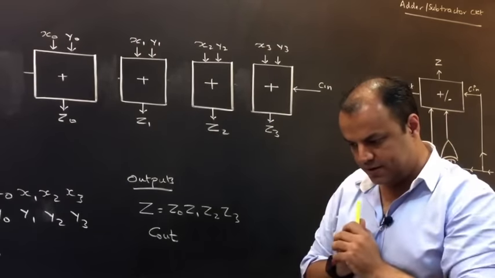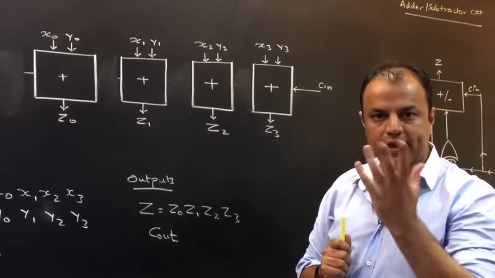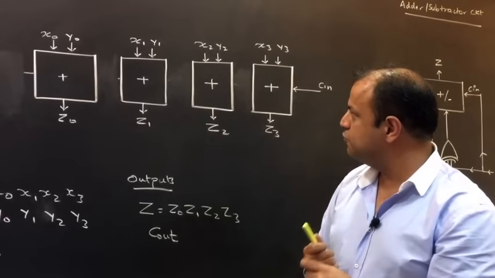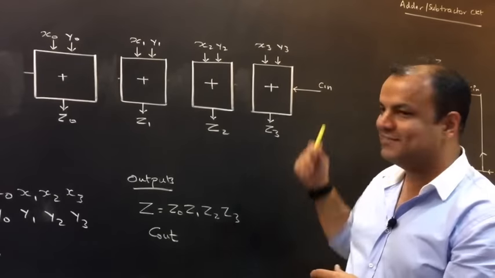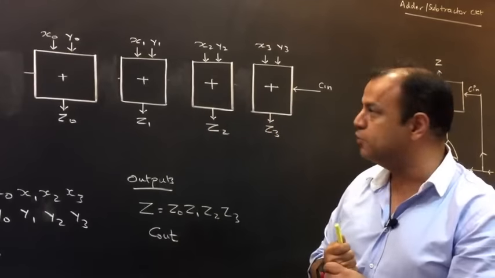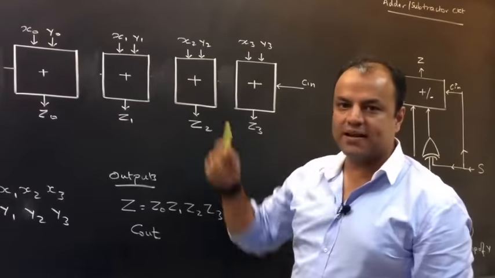Yeah, that is limited will to learn. To a really bright student who wants to learn, C2 is produced using X2, Y2, X3, Y3 and C in, which means C2 doesn't need to wait for C3 to be produced. While this part was producing C3, at the same time this part can produce C2.